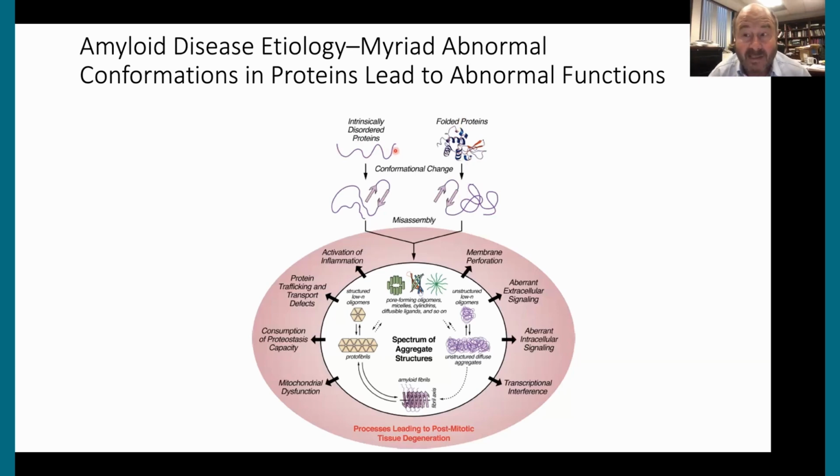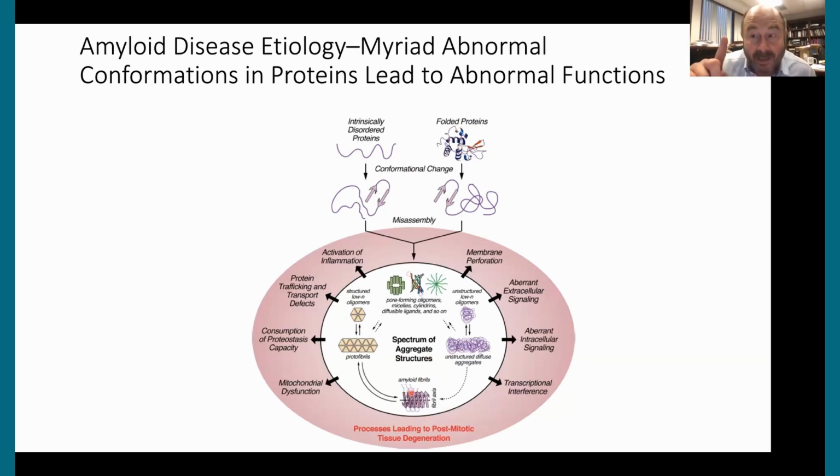And the best examples of that are A beta and alpha synuclein associated with Alzheimer's and Parkinson's. The notion is that these proteins then misassemble into all kinds of structures, including amyloid fibrils, which is the main pathological determinant of all of these diseases.